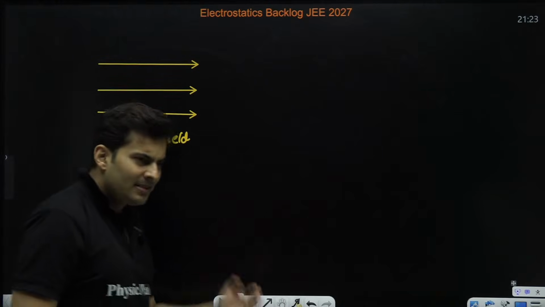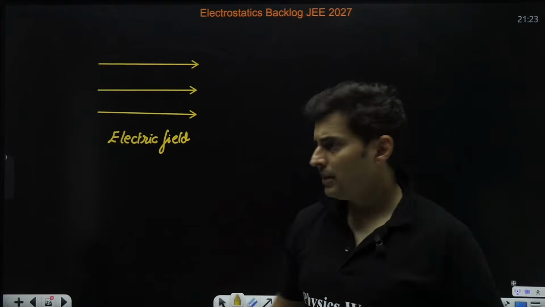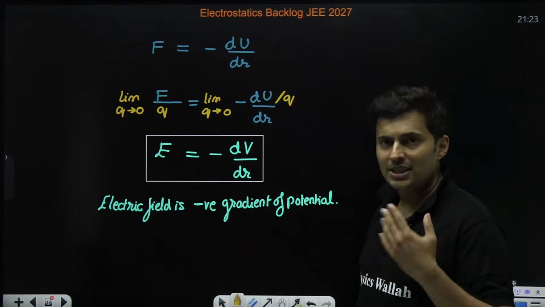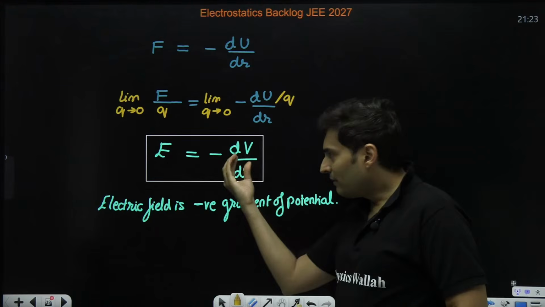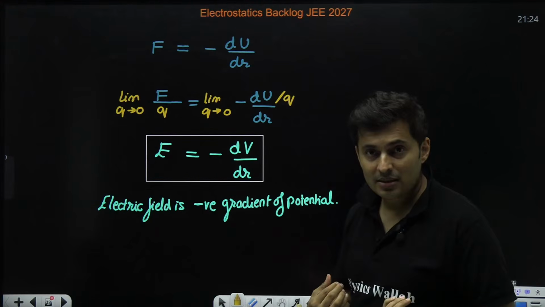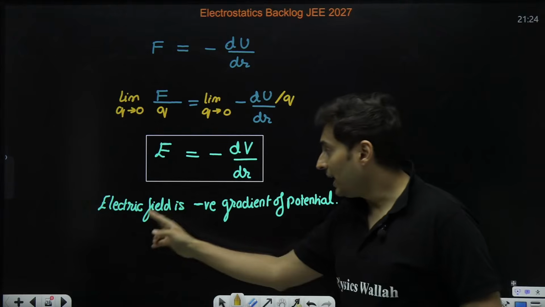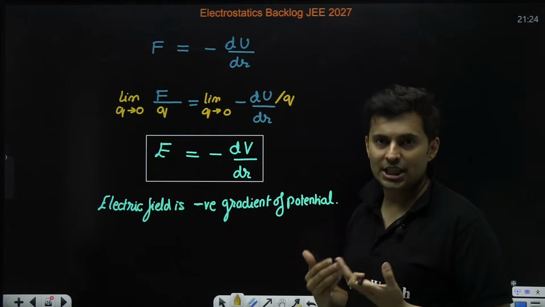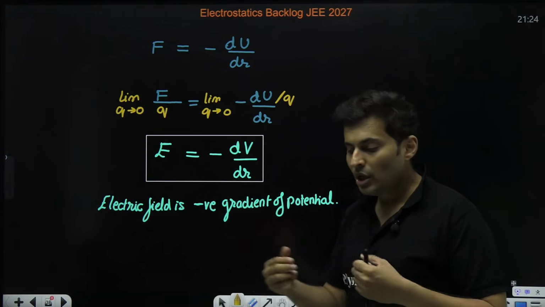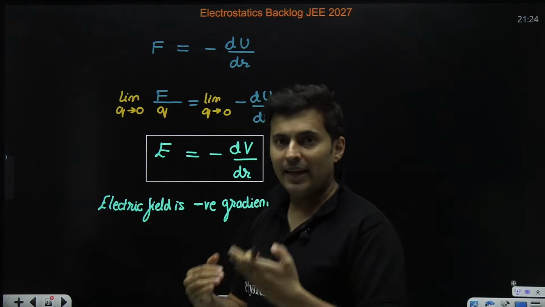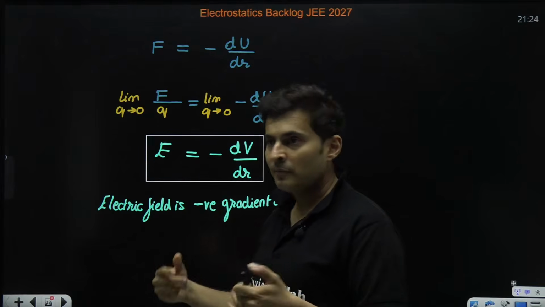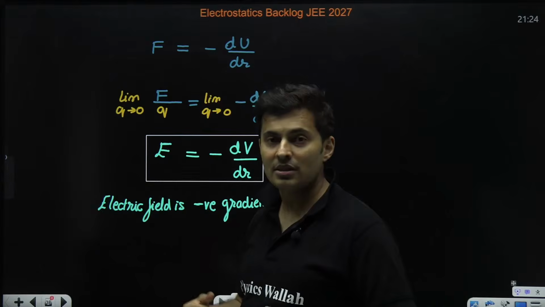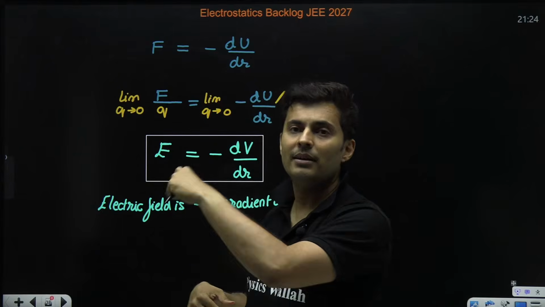Then always remember what this statement says: the field is the negative gradient of potential, which means wherever the potential reduces, that's where the electric field is going to be pointed. Gradient means change with the distance. So I move and I find my potential changes, but it changes negatively. That means it reduces. That's where my field would be.